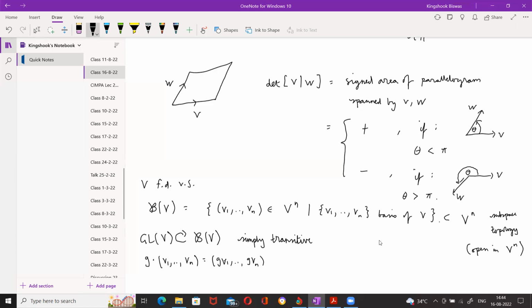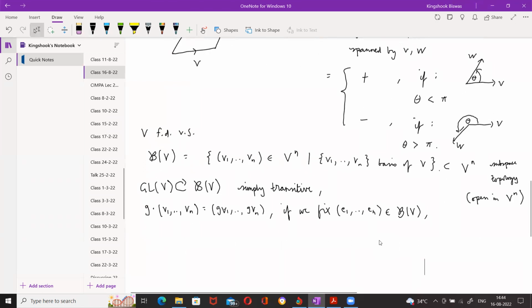Yes. So what this means is, if we fix an ordered basis E1 to En in B of V, then I get a map phi from GLV to B of V, g goes to gE1 up to gEn.